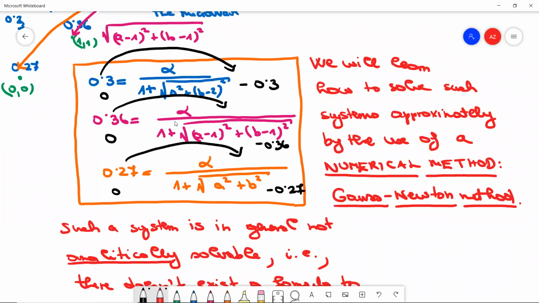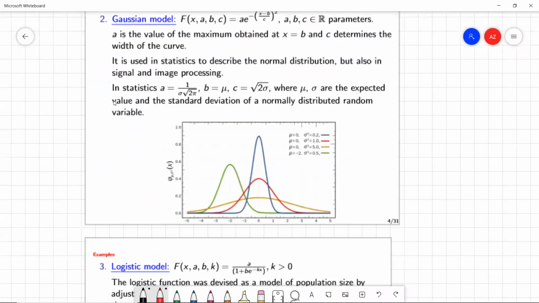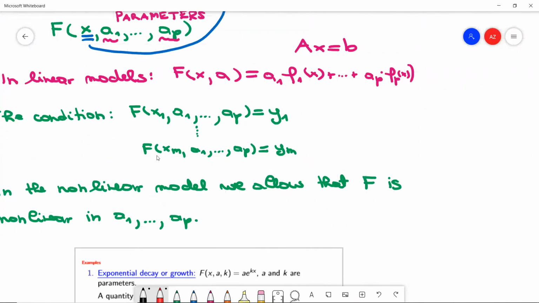So it will be more convenient for us to numerically solve not a system of the form f of x, a equal to y, but a system of the form f of x, a equal to 0. So what to do? We just introduce new functions. Here we have g of x1, a1 up to ap, minus y1 is equal to 0.